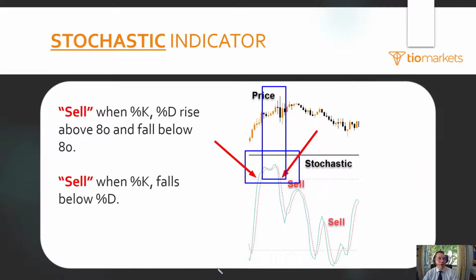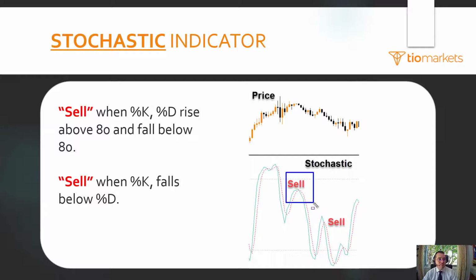Again, you got multiple sell signals here because now we also have the cross. You can see when percentage D crosses below percentage K, we get another signal and another signal, and it looks like where we are now is probably, well, not yet confirmed, but perhaps another signal.